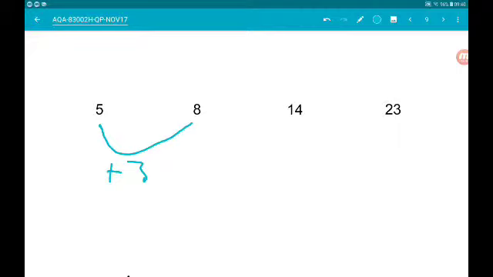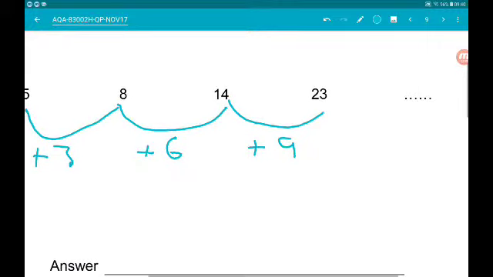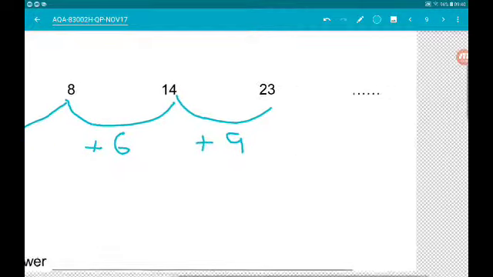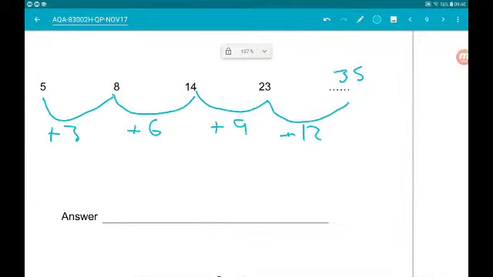From 8 to 14, we add 6. From 14 to 23, we add 9. So we can see here our differences are going up in 3s. So next we're going to add 12, which gets us 35. Cool. More on that in my sequences playlist down below.